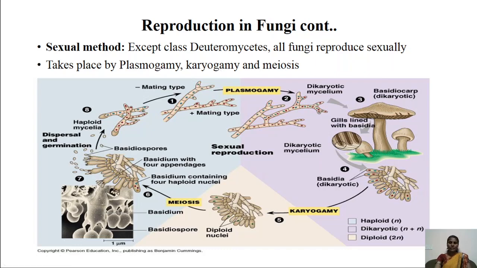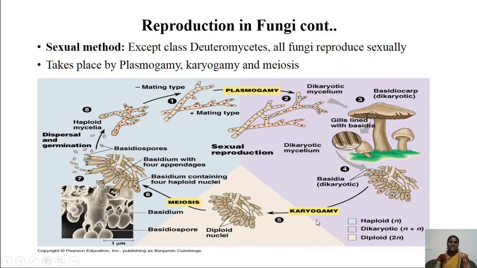Karyon means nucleus, and gamy means fusion. So here the nuclei of different hyphae mix together and form a diploid zygote. This diploid zygote undergoes meiosis, otherwise known as reductional division, to form haploid spores again.